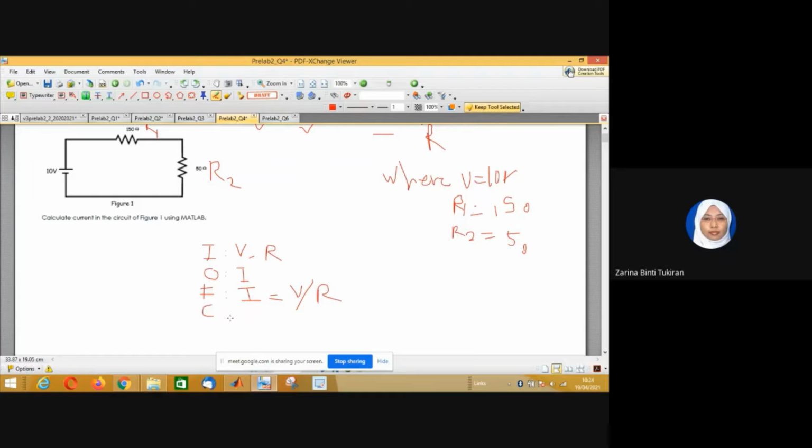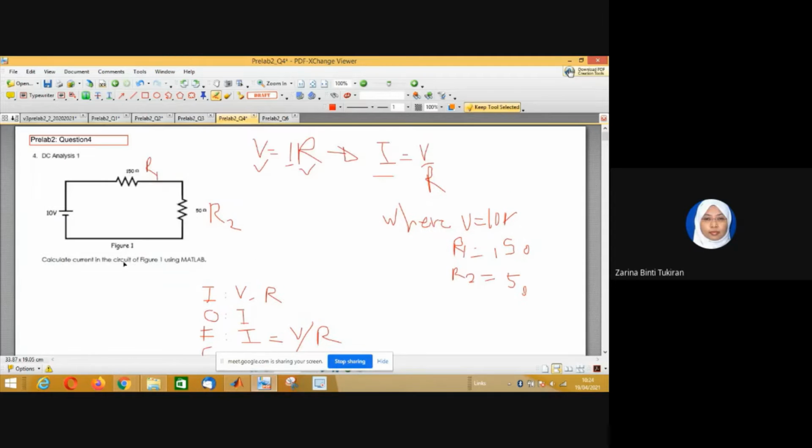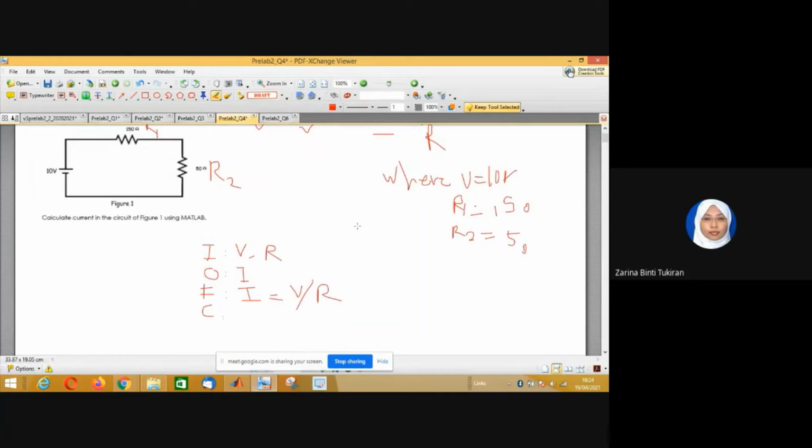Is there any constraint? Yes, since this is a series circuit, how should I get R? R must be R1 plus R2.